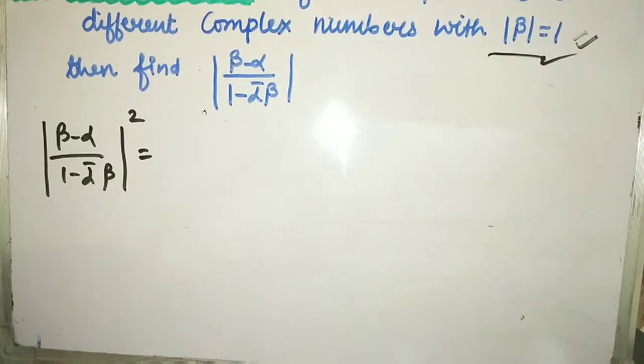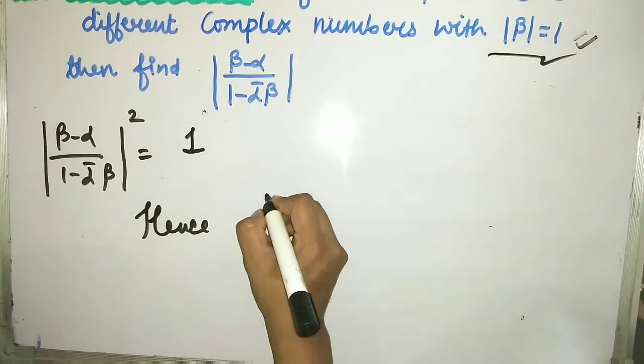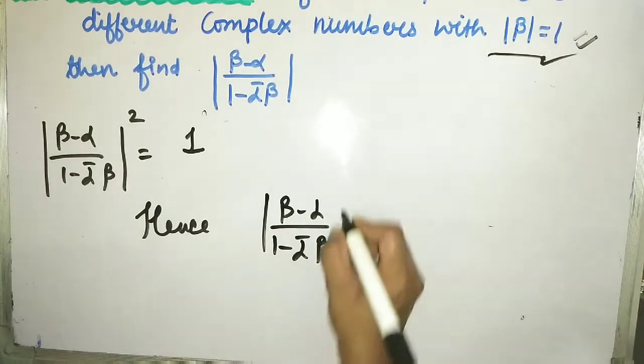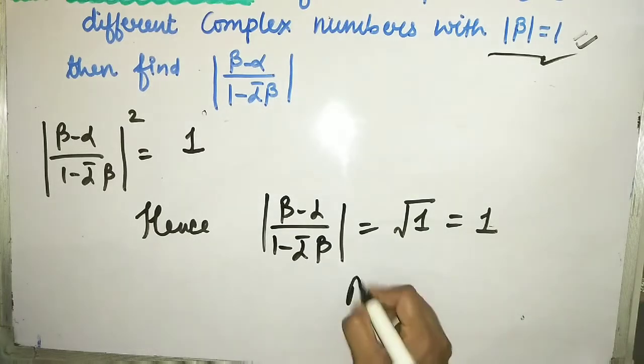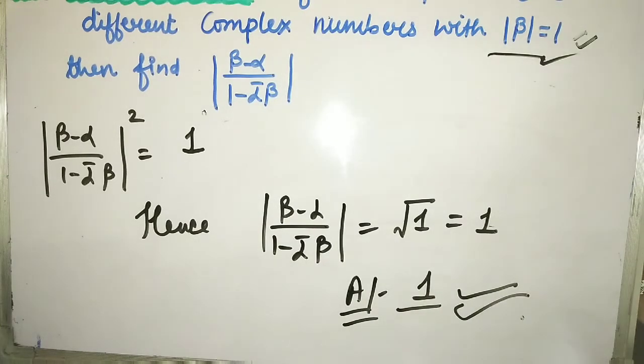Well students, I am getting modulus of beta minus alpha upon 1 minus alpha conjugate beta square equals 1. Hence, beta minus alpha upon 1 minus alpha conjugate beta equals square root of 1, which is equal to 1. Hence, the answer of this question is only 1. So, keep this in your mind if you get an MCQ based on this question.